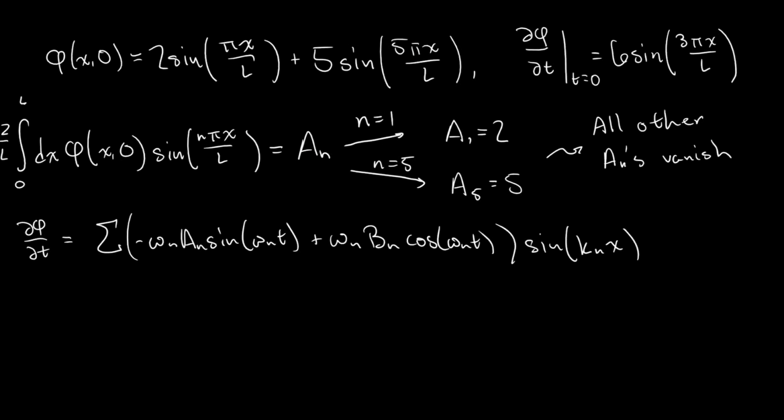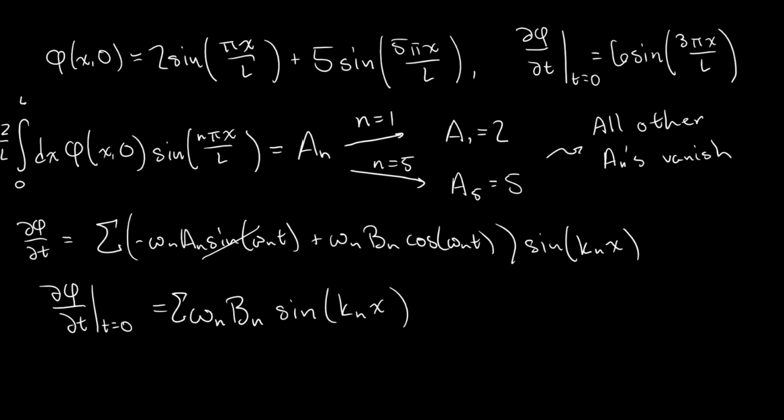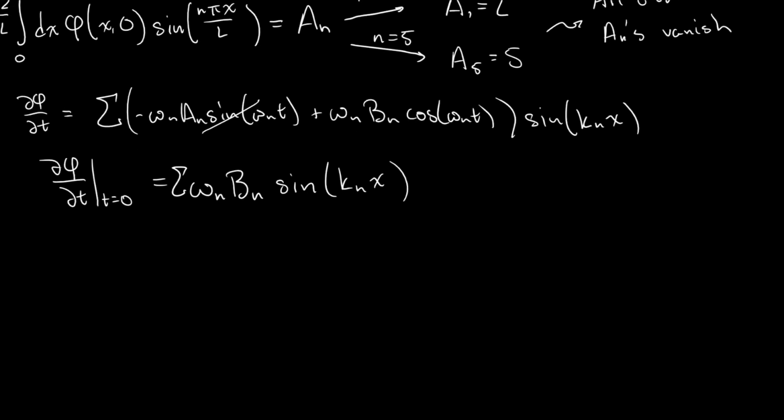So at t equals 0, d phi dt at t equals 0, this term's going to drop, and I'm only left with this, which is going to be the sum of omega n b sub n sine k sub n x. Then to find omega n times b sub n, I just do this trick of integrating with the orthonormal basis functions.